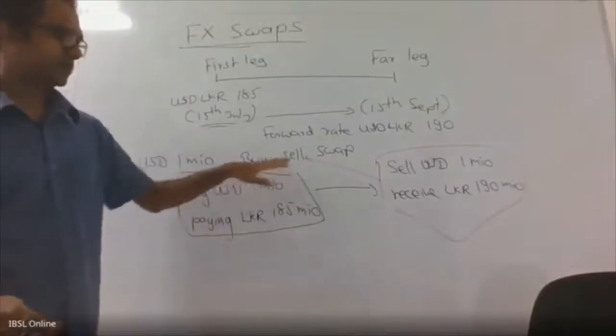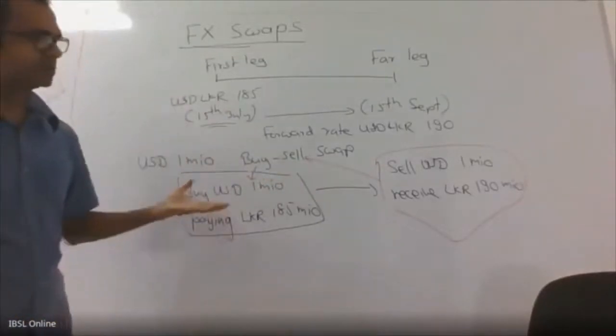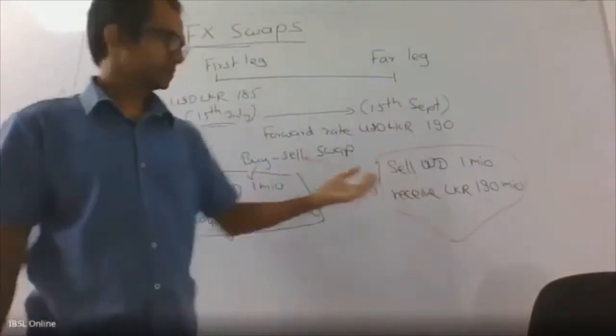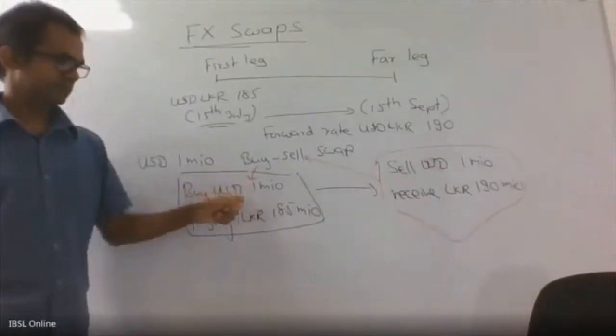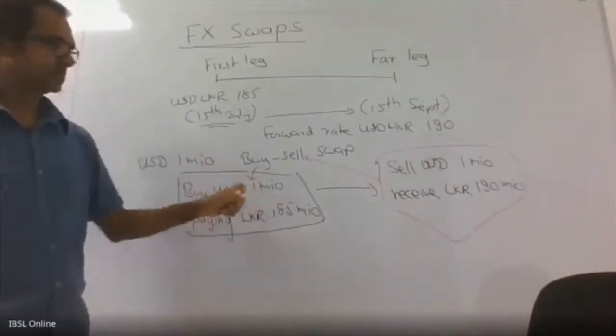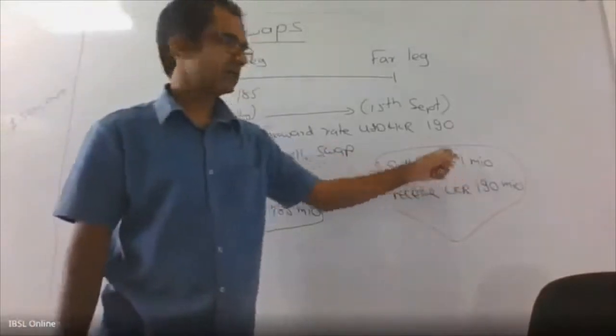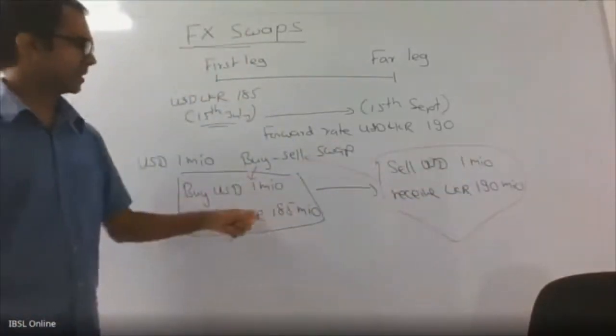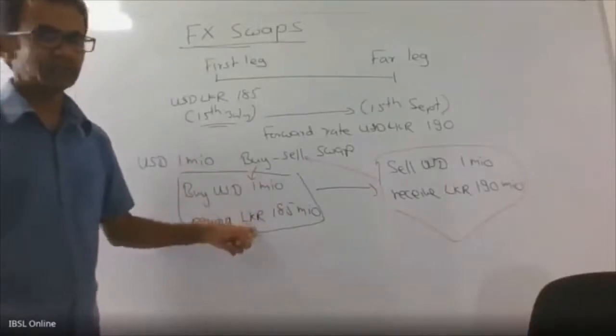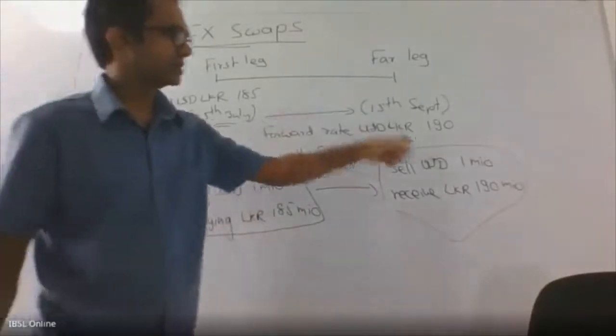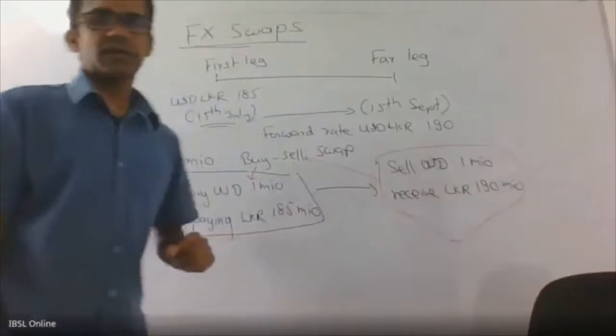But in a buy sell swap, near leg you buy, far leg you sell. Same amount of base currency: the same amount you buy, you sell. But the near leg is done at the spot rate generally, and the far leg is done at the forward rate.